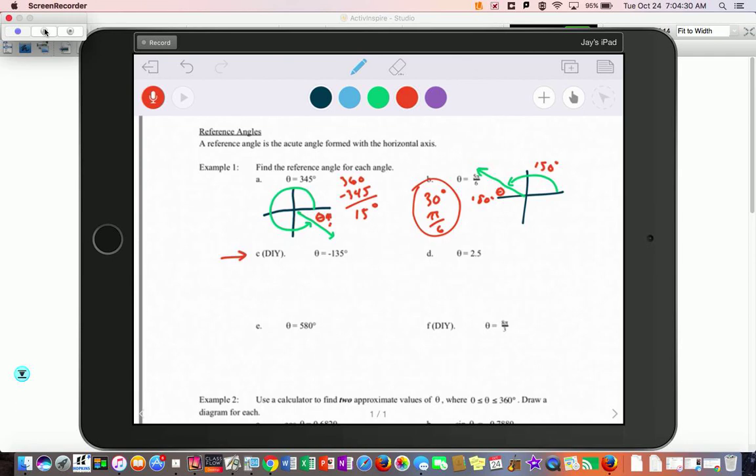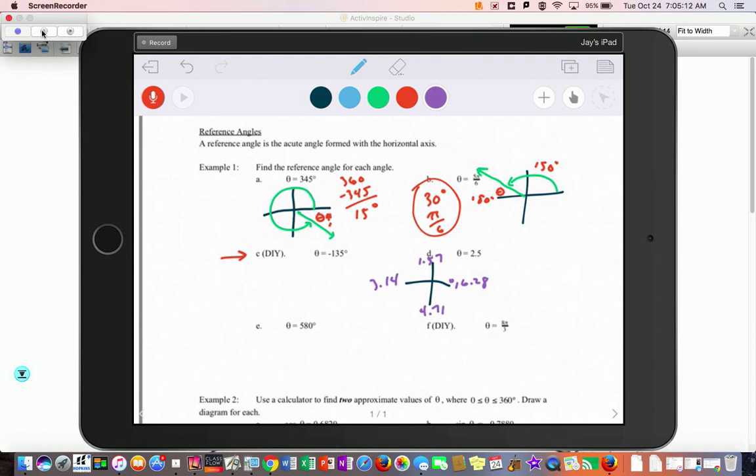So the next one is 2.5 radians. So I guess we could approximate this. So we draw xy axis. Remember, if we do approximate radians, this is 6, 0 or 6.28. This is about 1.57. This would be about 3.14, and this would be about 4.71.